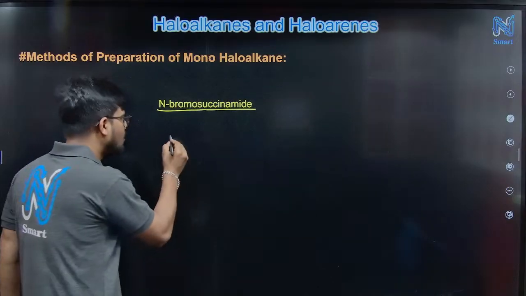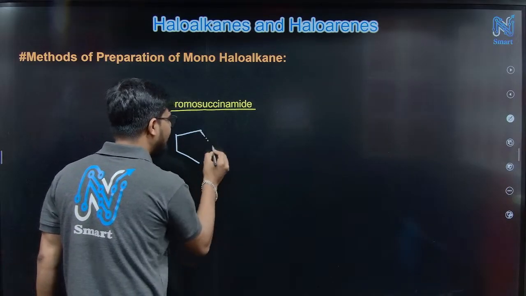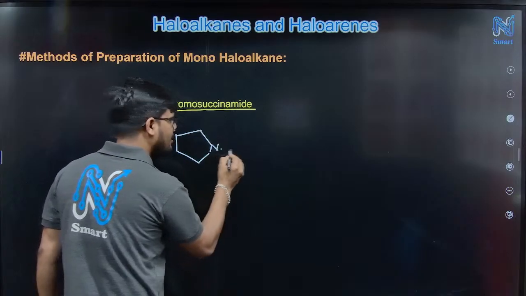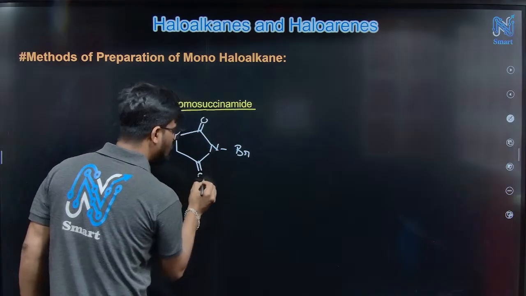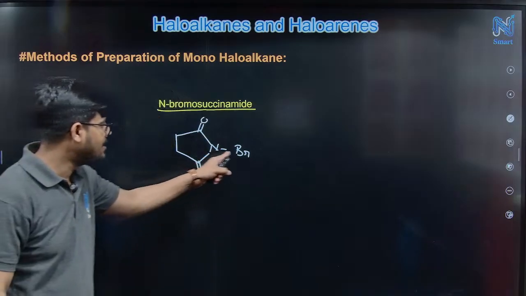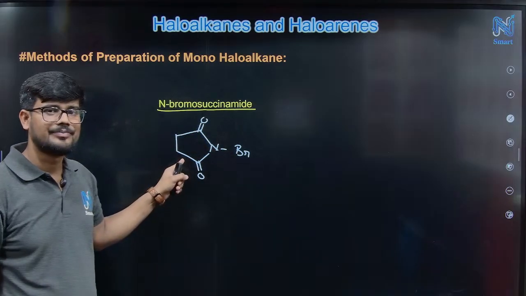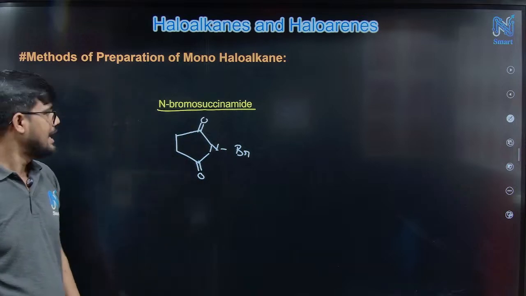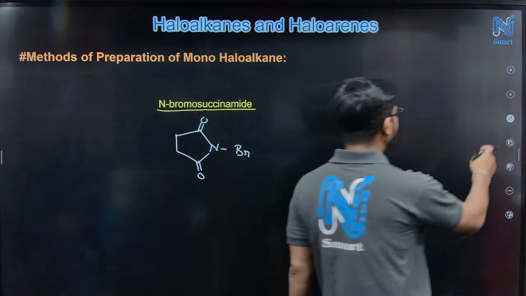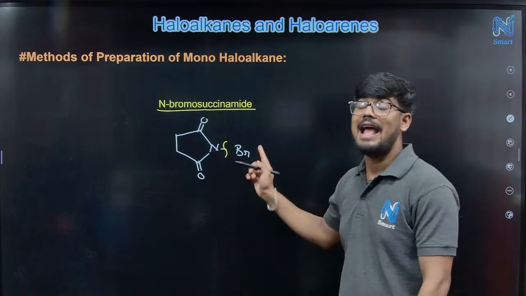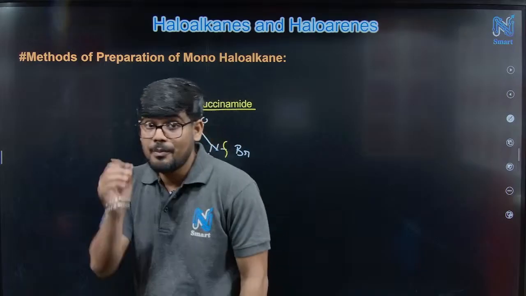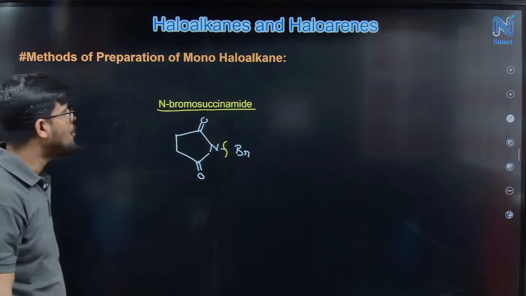One beautiful structure we have here: N, Br, and here a double bond O, here a double bond O. This is the name of this compound. Here we have an N-Br bond, right? In presence of light, this bond will break and you will get a bromine radical.